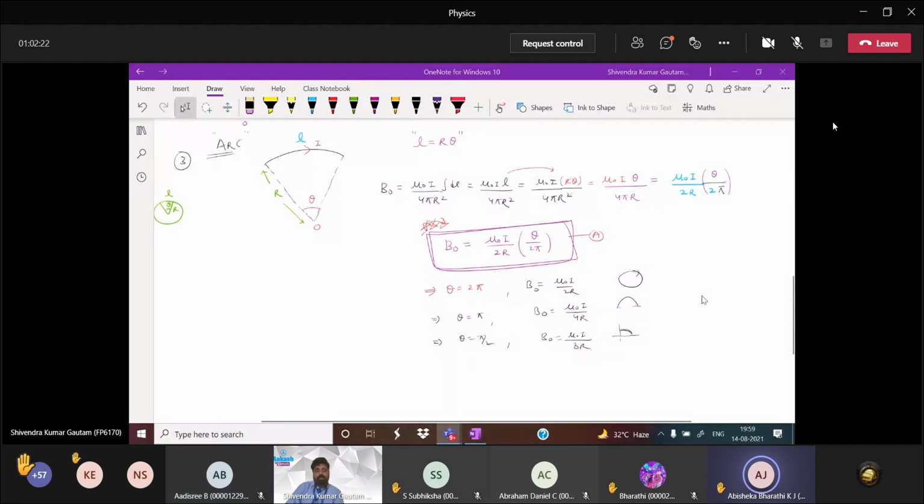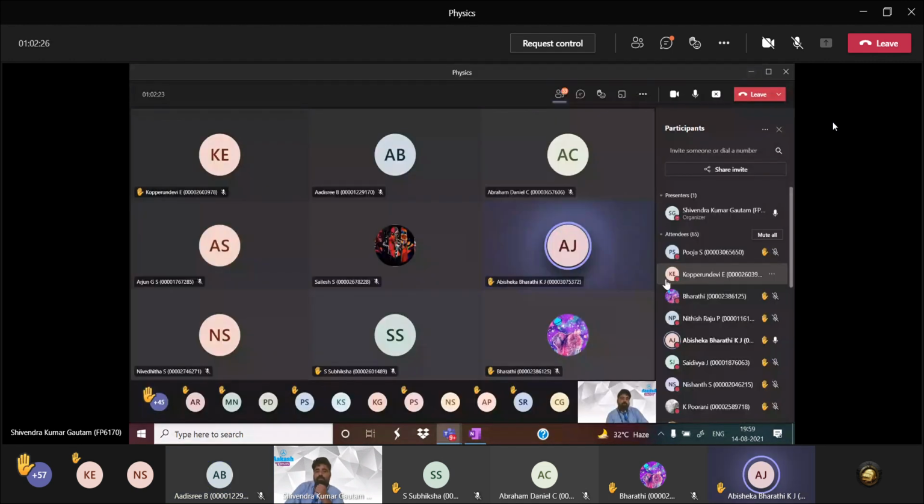So we calculated the magnetic field due to circular loop, semicircular loop, quadrant, any arc at the center.